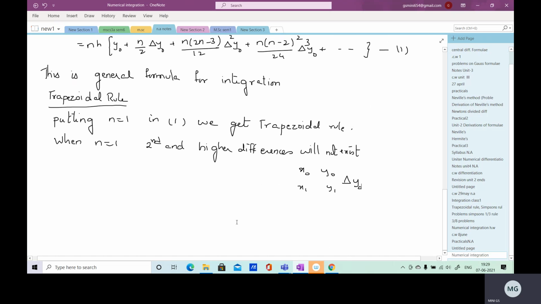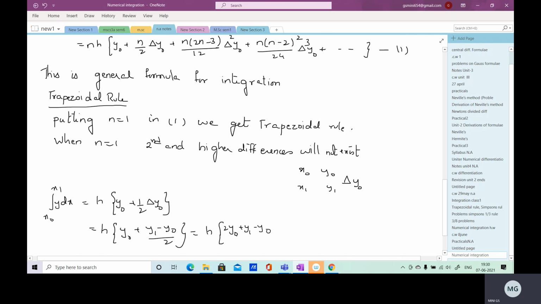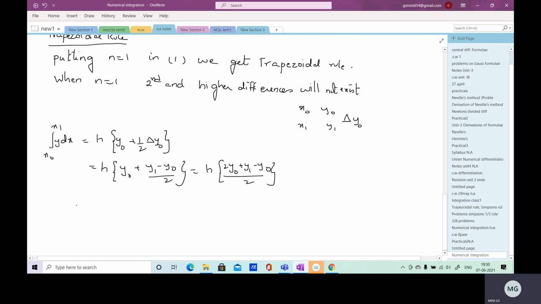So what happens is, integration x0 to x1 y dx is equal to 1 into h times, this is y0 plus 1 by 2 times del y0, or you can write this as h into y0 plus (y1 minus y0) by 2, which is equal to h into (2y0 plus y1 minus y0) by 2, which is h into (y0 plus y1) by 2. Like this, we'll write it.